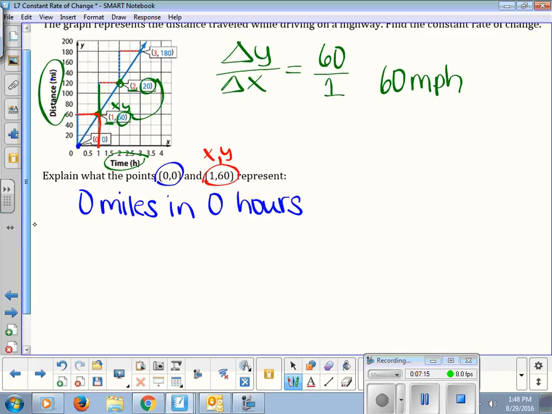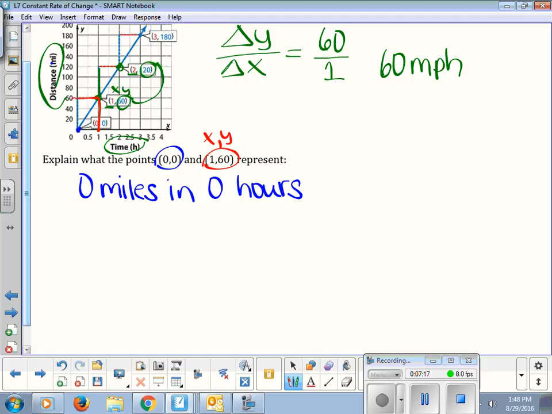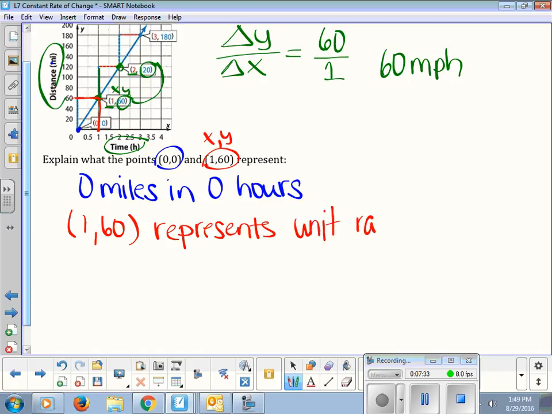Oh, it says 0, 0. Nowhere. Stay the same. 60, we're at 60 miles. So our 1, 60 represents our unit rate. And the unit rate is 60 miles per hour, which is the same as our rate of change.